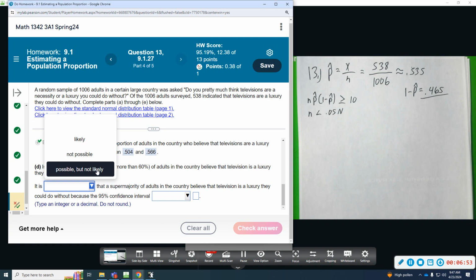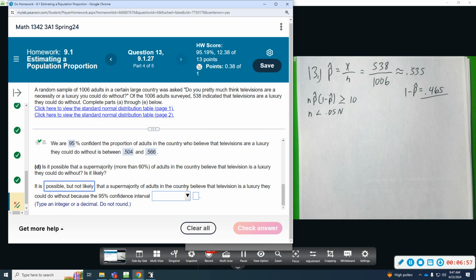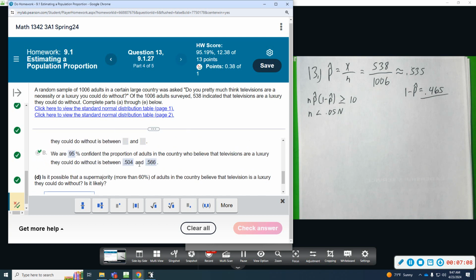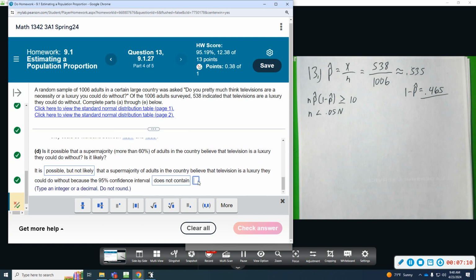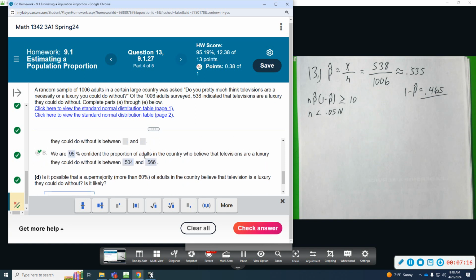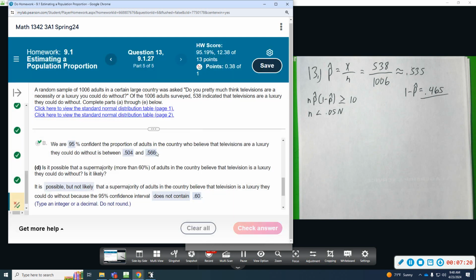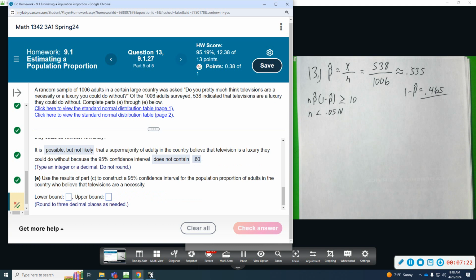I don't know if we want to say possible, but not likely that a supermajority of adults believe they could do without, because the 95% confidence interval does not contain 60%. We definitely want to say everything is possible, but it's not likely.